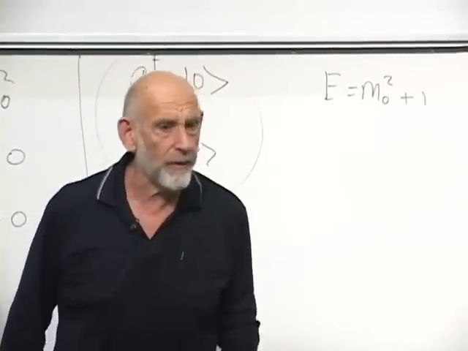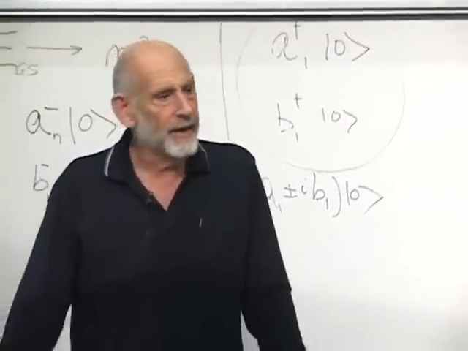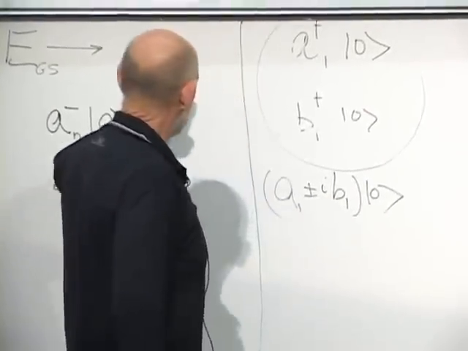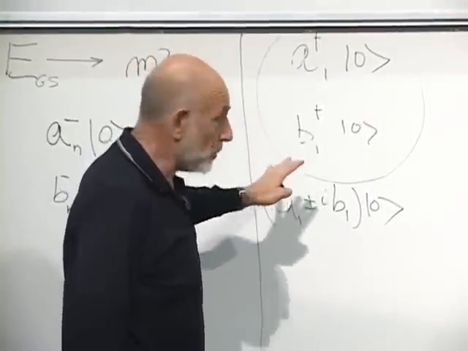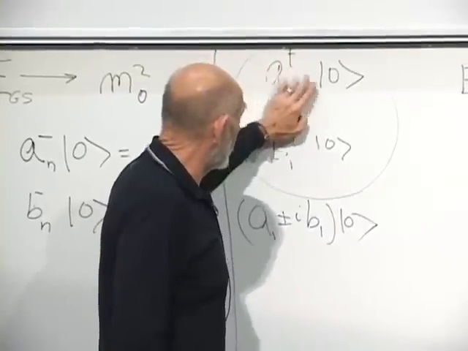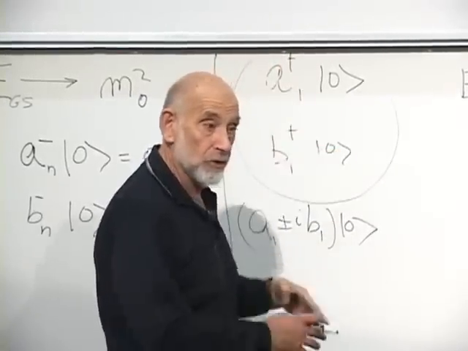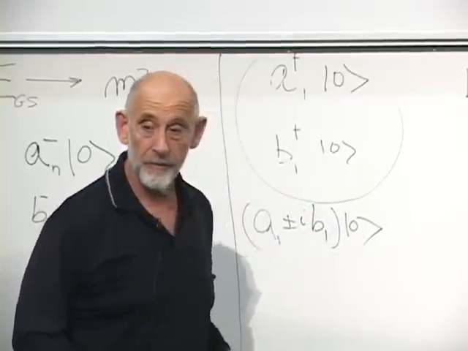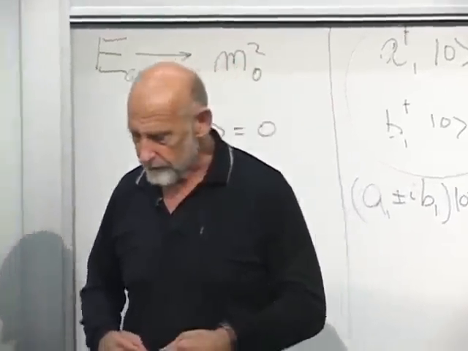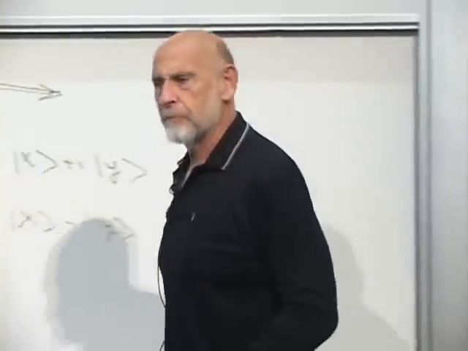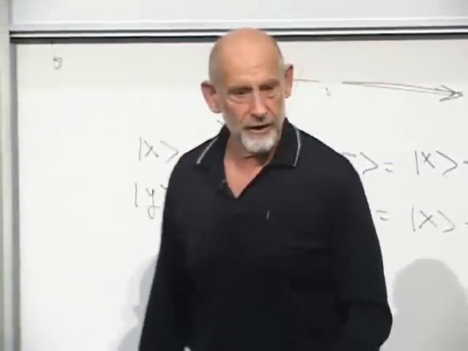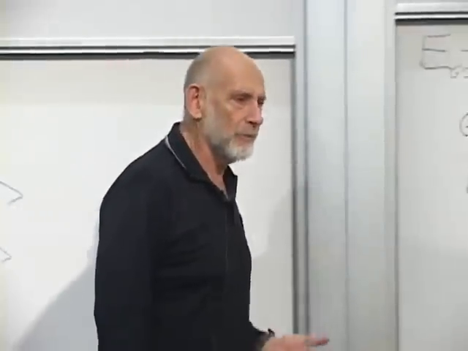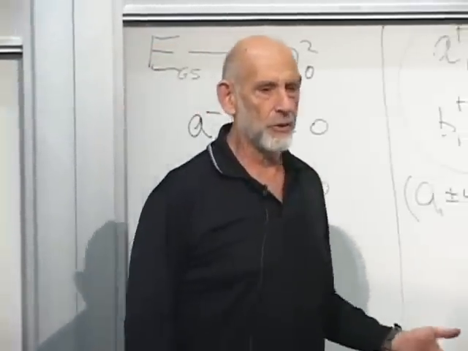Okay, big deal. Who cares if m naught squared is negative? The problem with that is m naught squared was the energy or the mass squared of the ground state without these A1s. In other words, the string which was not vibrating along the x or y axis, the ground state of the string. That's intolerable. Having a particle with negative mass squared is crazy. Mass squared is positive. How can mass squared be negative?